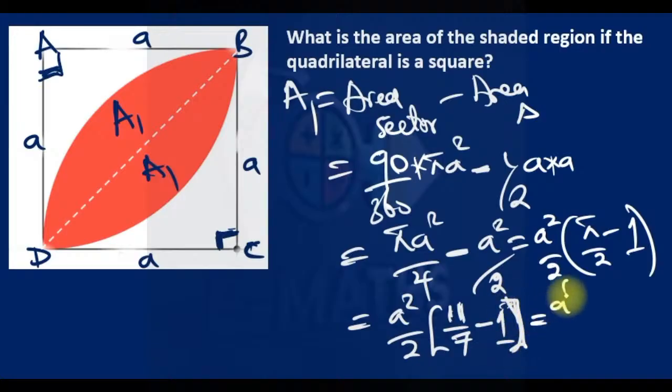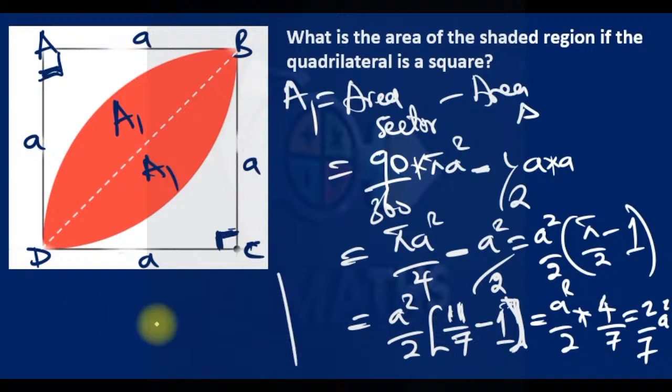This is equal to A squared over 2 times 11 over 7 minus 1, which is 4 over 7. This is now 2 over 7 A squared.